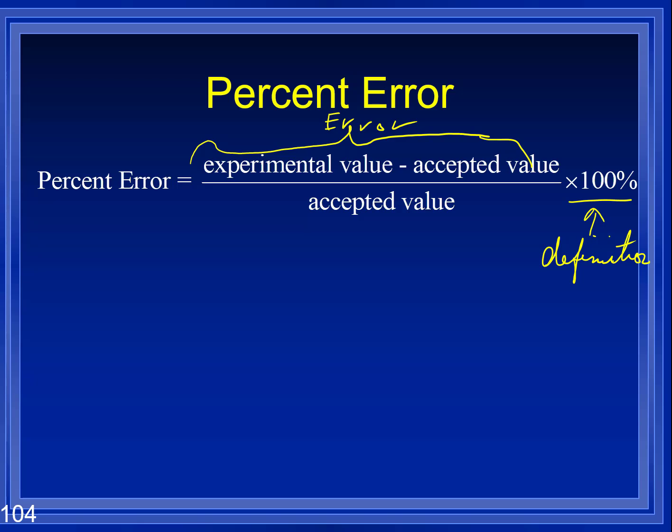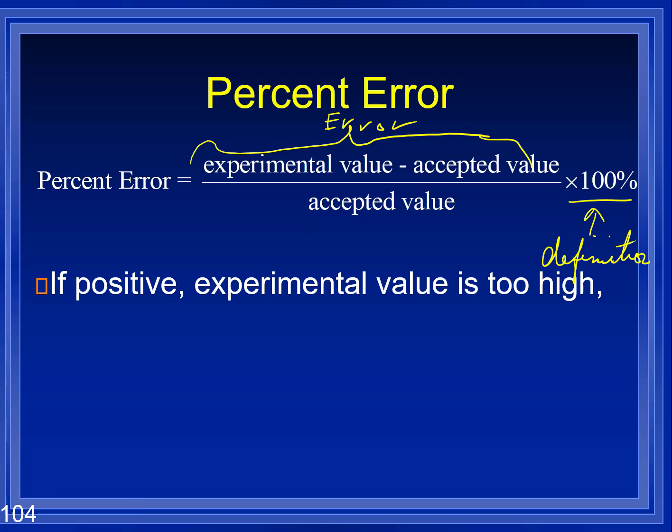And the sign's important again. If I get a positive error, that means my subtraction was positive, which means my experimental value was higher than my accepted value, that my experimental value was too high. That's how I'm going to get a positive number if experimental value is big.